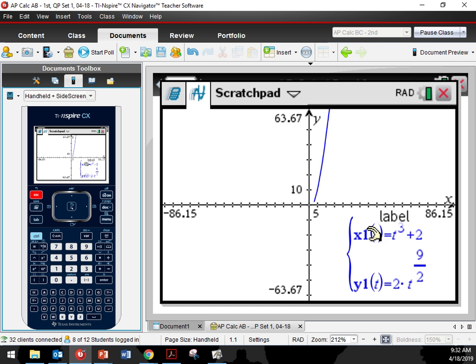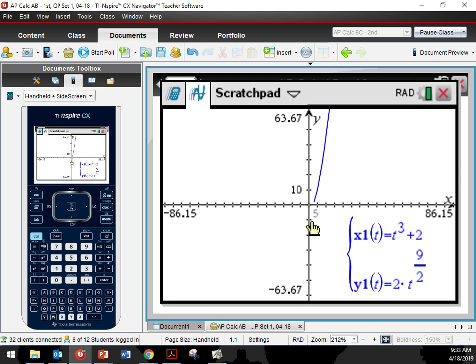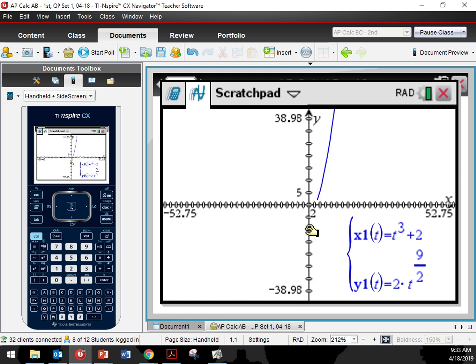There you go. So this is what our graph is going to look like from here to here. Parametric, what our graph is, and we're looking for the arc length. It's not liking me today.